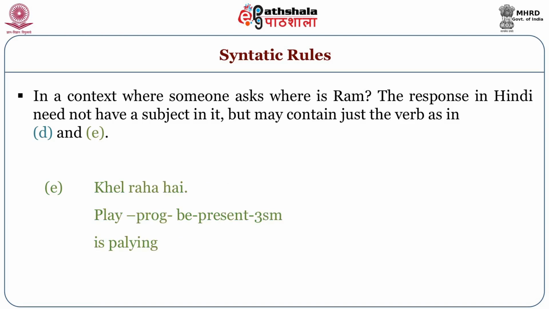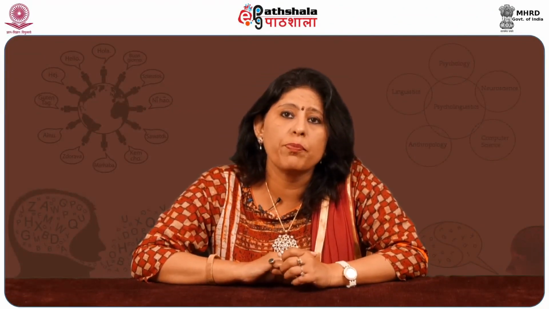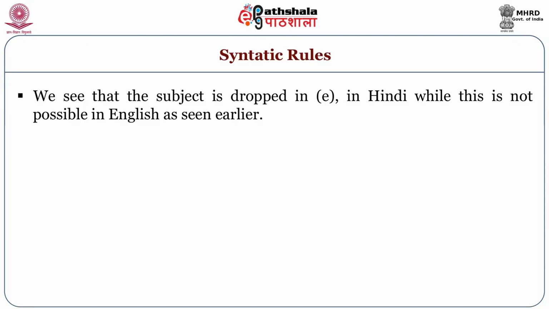That may be a complete sentence in Hindi, but in English when we say is playing, that is not a complete sentence. That cannot be a complete sentence. Either we'll have to use a noun, Ram is playing, or we'll have to use a pronoun, he is playing. So we see that the subject is dropped in Hindi, while this is not possible in English as seen earlier.